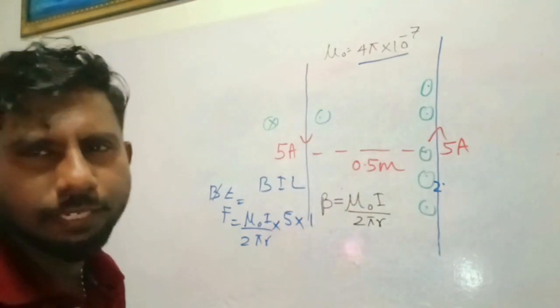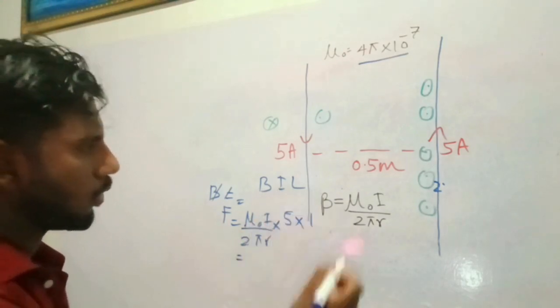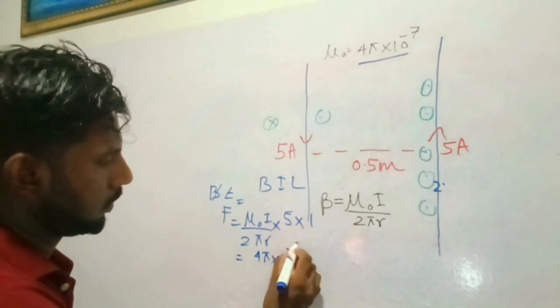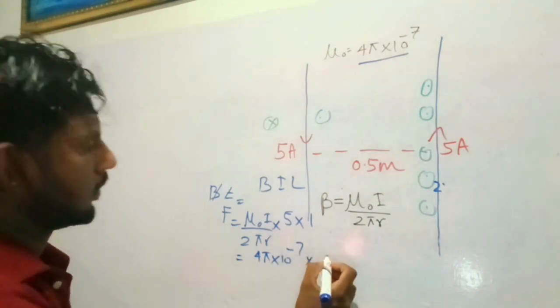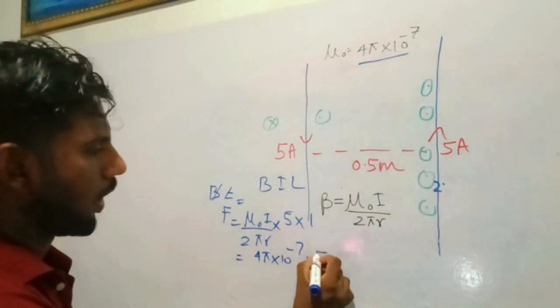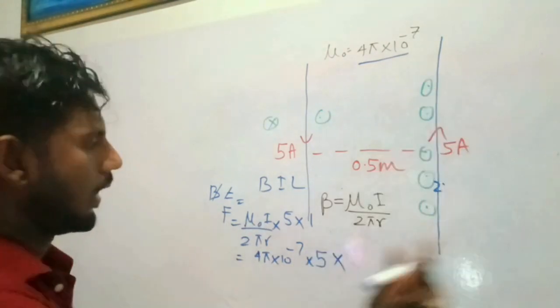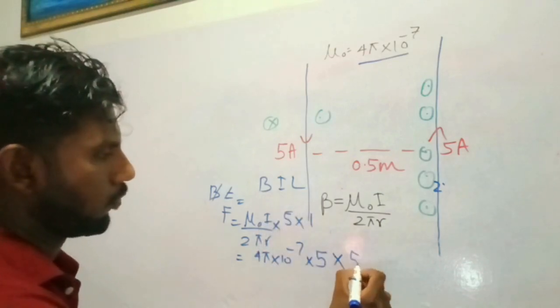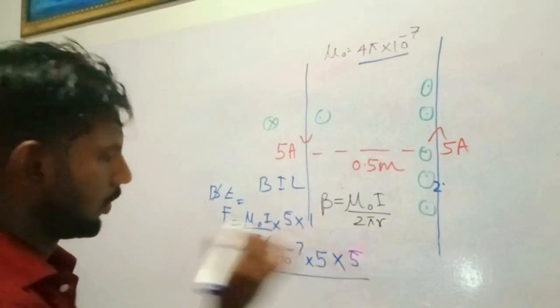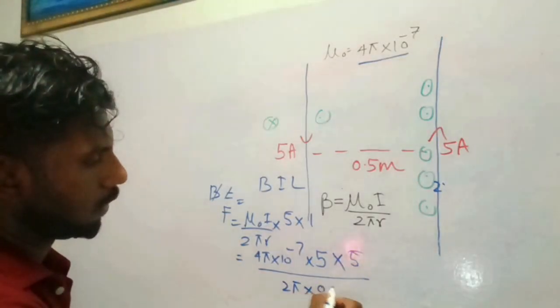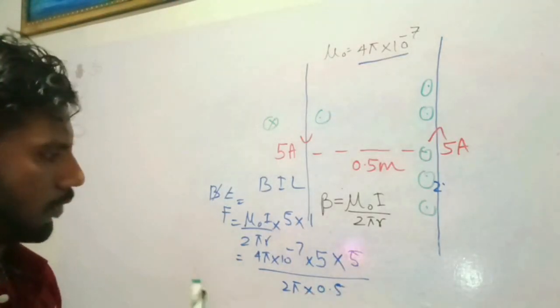Let's take 1 meter here, right? So mu naught value is 4 pi into 10 to the power minus 7, that is given, and the current is 5, and again 5 here, divided by 2 pi r, again 0.5, right? We have all the values.